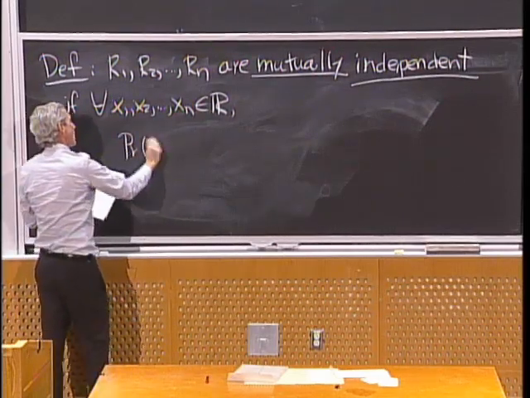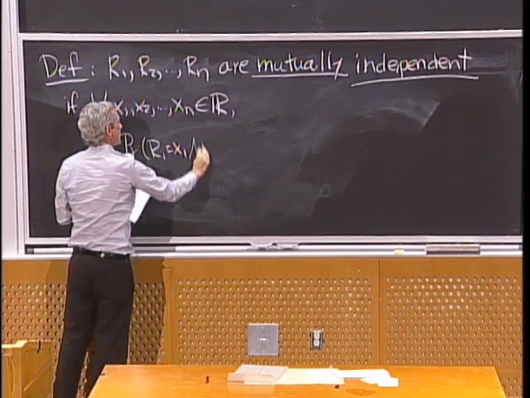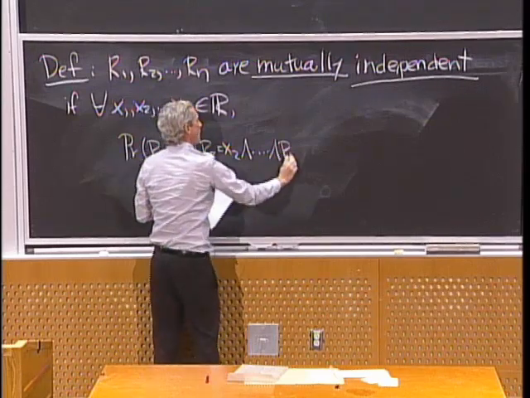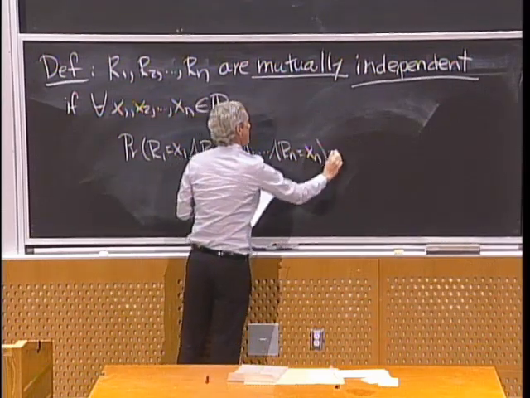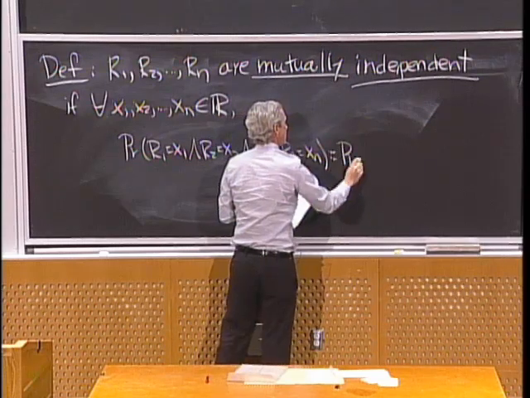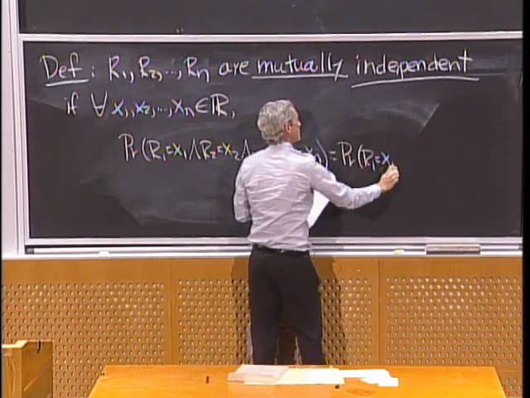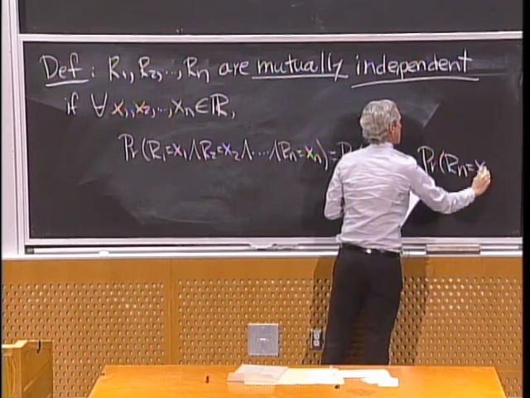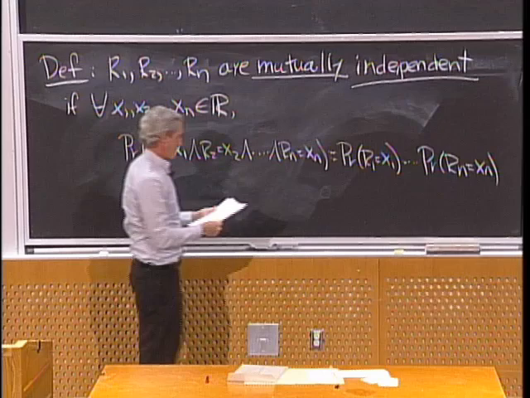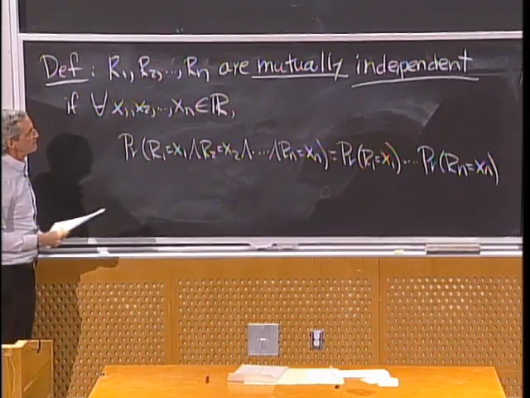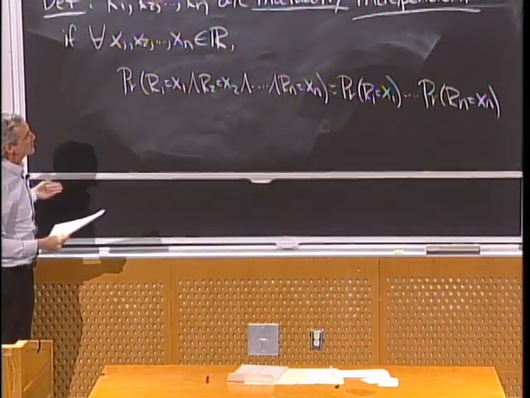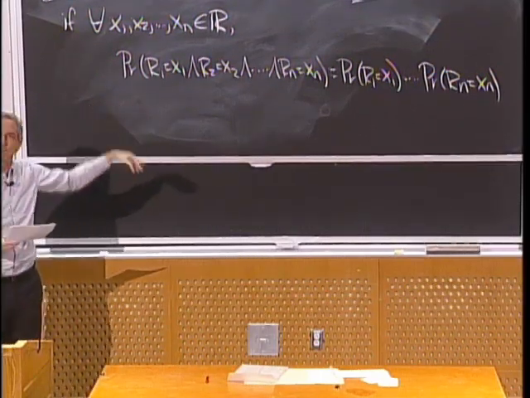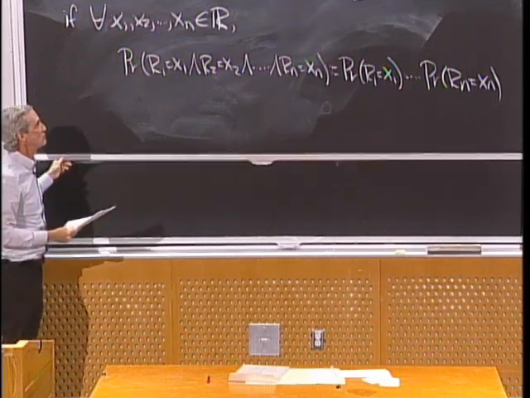The probability that R1 is x1 and R2 is x2 and Rn is xn equals the product of the individual probabilities. All right, it's the natural generalization for 2 variables. And there's also the equivalent form in conditional probabilities, but that's a little hairier to write down, and we generally don't work with that.